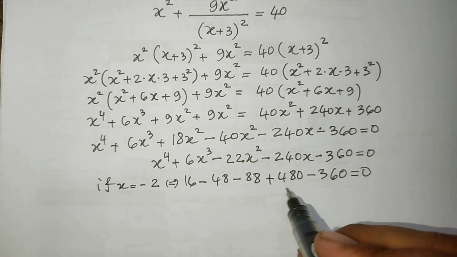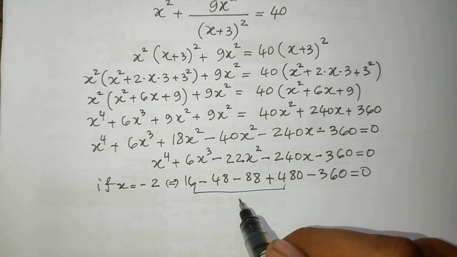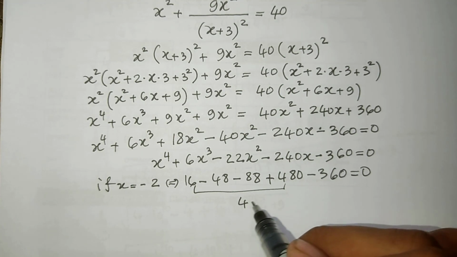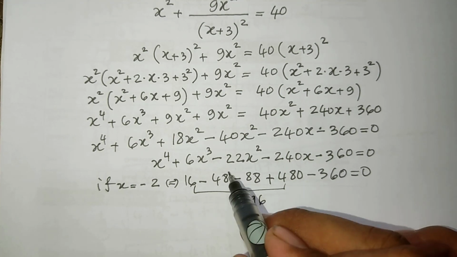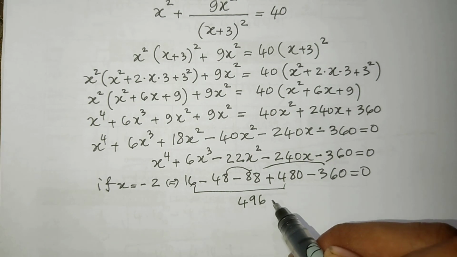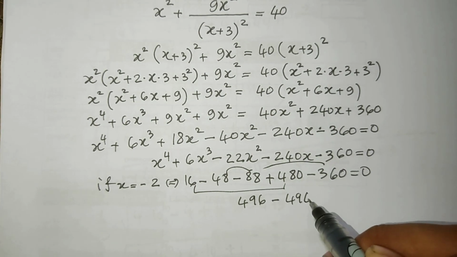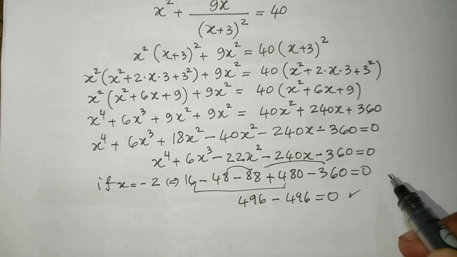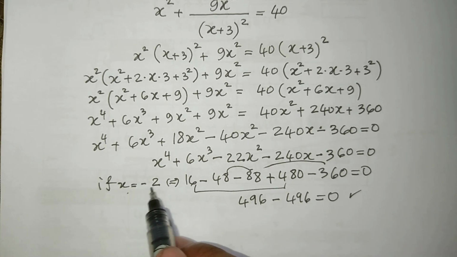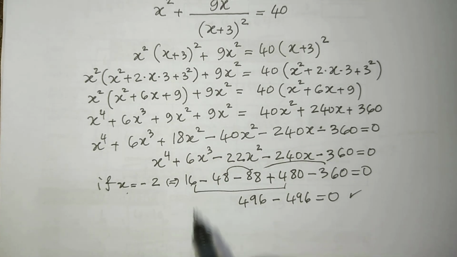So we get 496 minus 496 equals 0. And so x equals minus 2 is one factor of this equation.